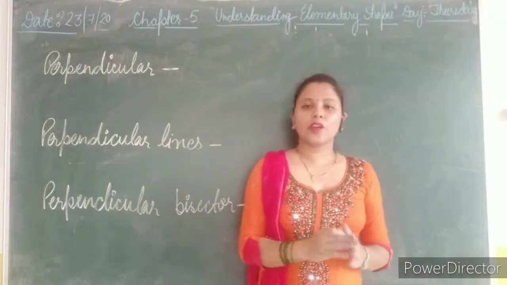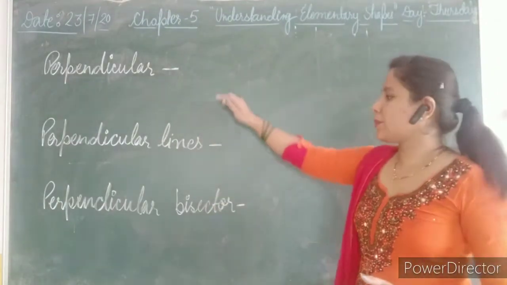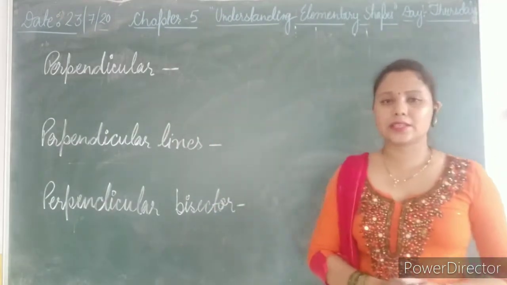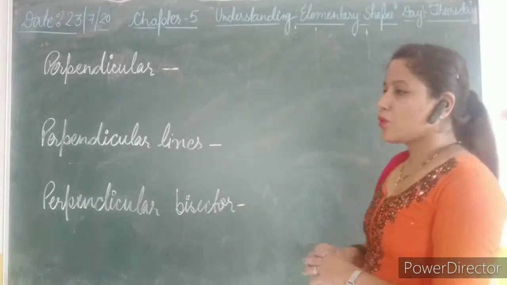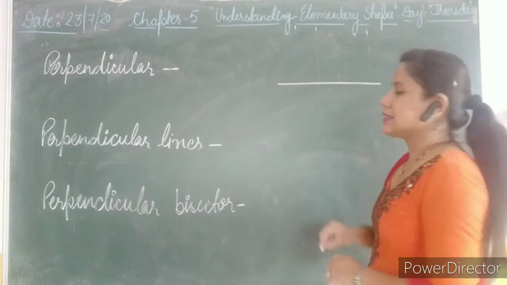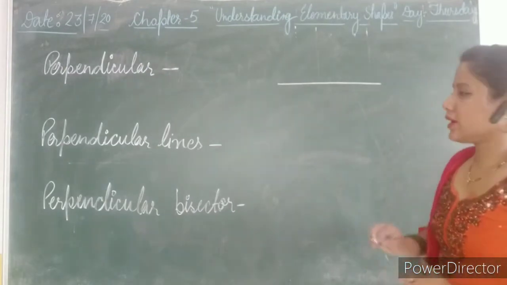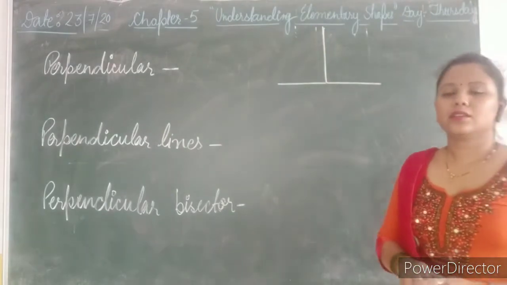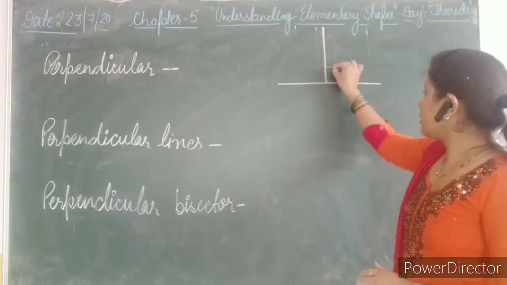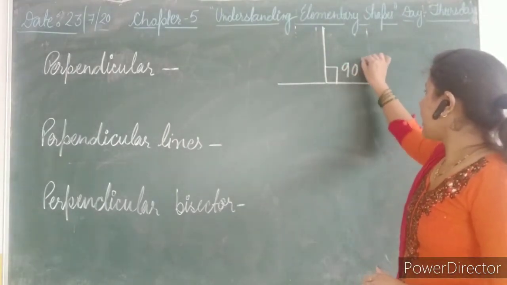So students, now we are going to discuss perpendicular lines and perpendicular bisectors. So let us know what is the meaning of perpendicular. Suppose we have a straight line or line segment, and one straight line stands on it and it makes a 90 degree angle.